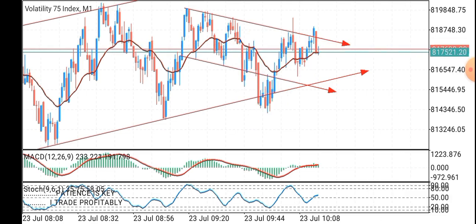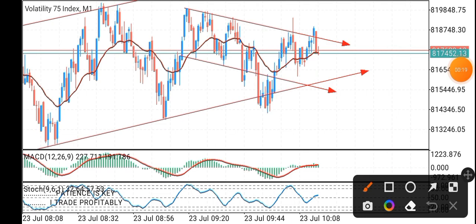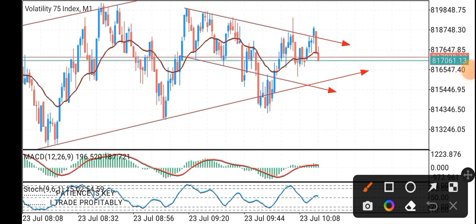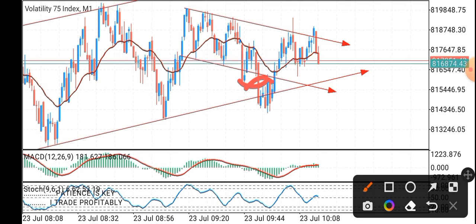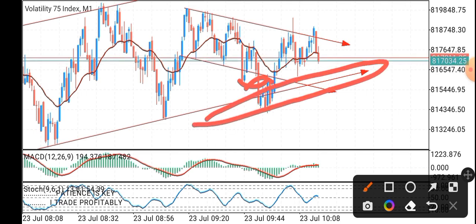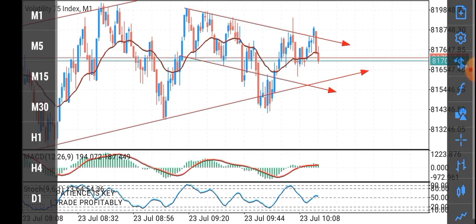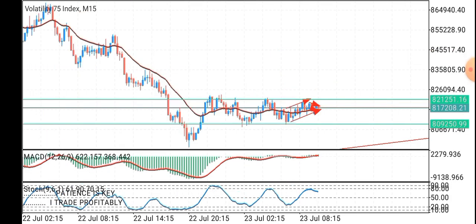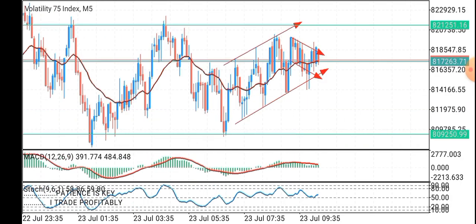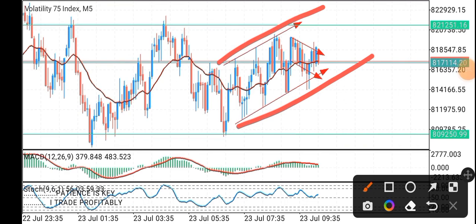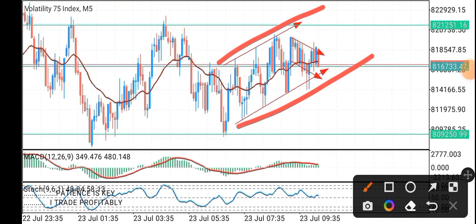If I were analyzing this market, I would not enter after the breakout. Why? Because there's still a support zone here, so I won't enter. And if you look at the directional bias of the market from the 15 minutes and the 5 minutes, you discover that we're supposed to be looking for buy, because this is giving us a setup for buy.